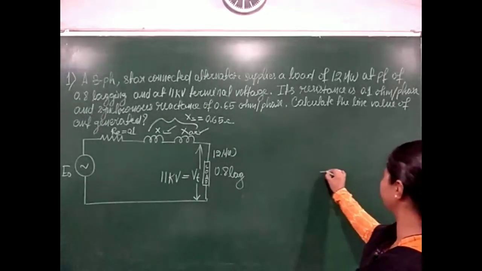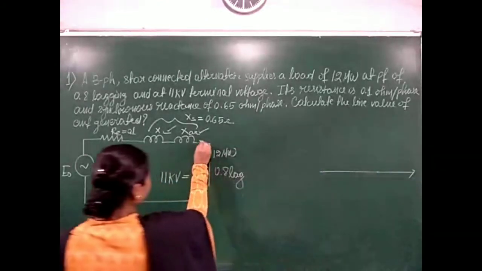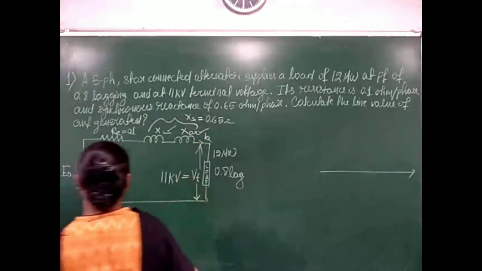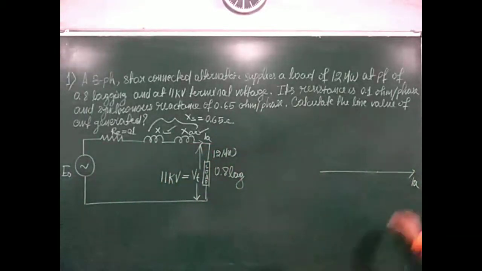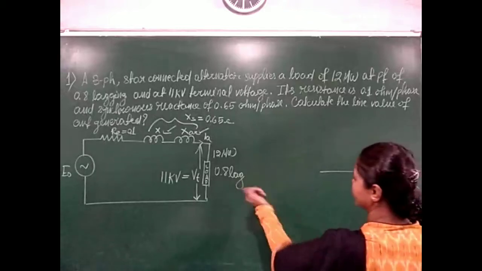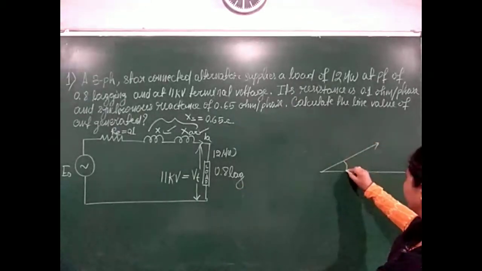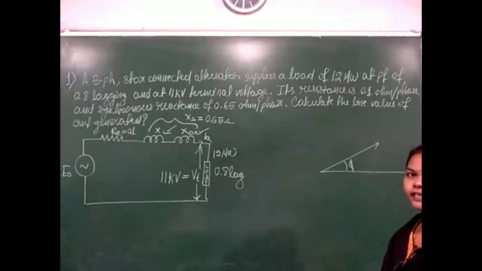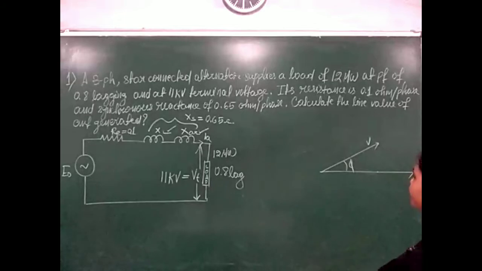So here first I take the reference of armature current Ia, or you may say the load current. As my system is lagging, the terminal voltage leads by an angle phi, the power factor angle. It is the terminal voltage.